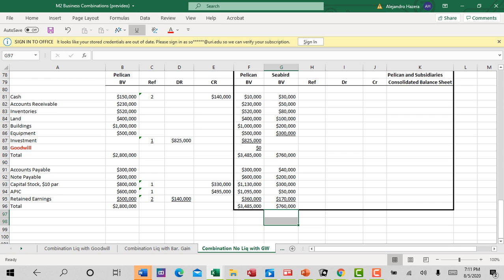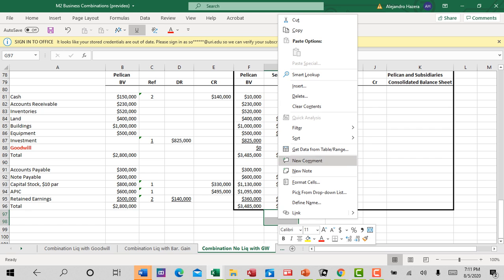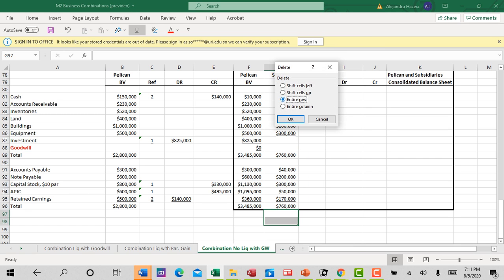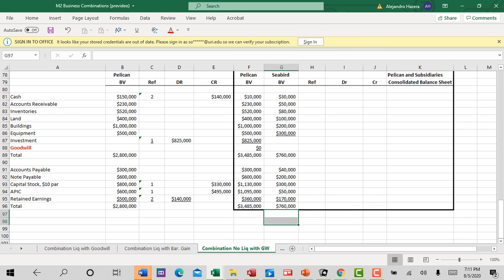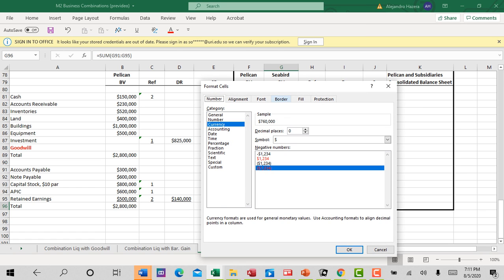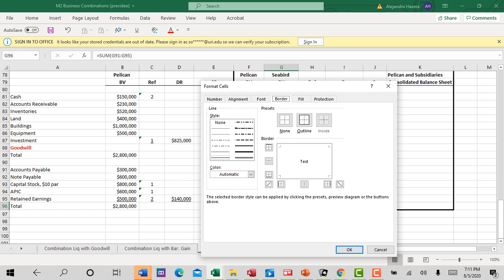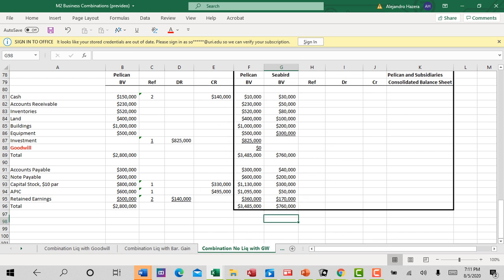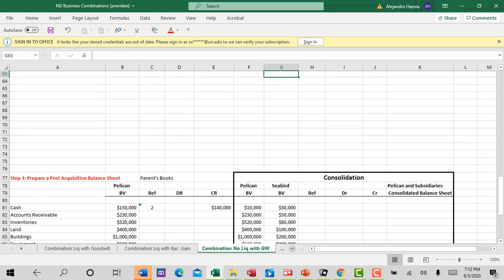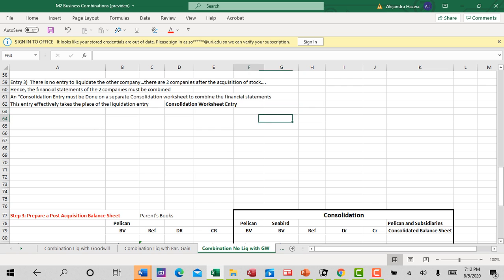Okay, and I'll get my little setup going. That's a consolidation. I'll probably regret this, but border. The border there.